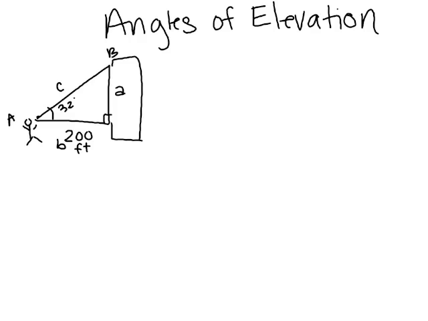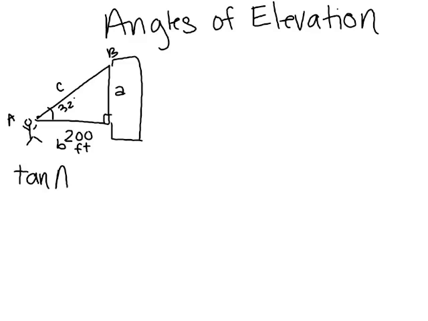So what do I know that's going to help me to find little side A? I have angle A and side B. Which of the ratios do I need to choose? Do I have the hypotenuse? Okay, then I know I can't use cosine. Very good. Tangent.